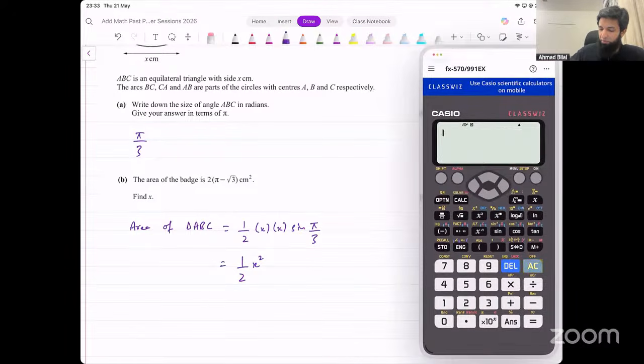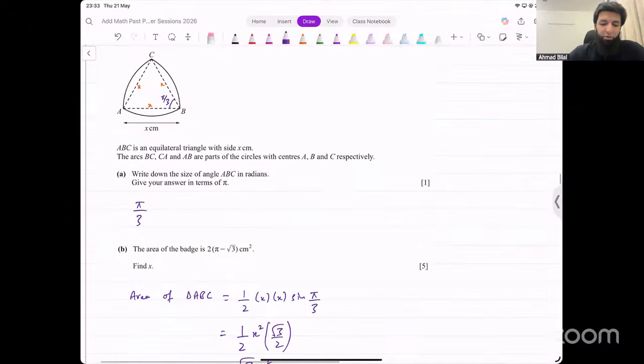Its value is root 3 over 2. Make sure your calculator is in radian mode for this. You can just put this on a calculator, although you should remember these values as well because they are important for paper 1. Okay, we get root 3 over 2. Okay, this is the area of the triangle ABC. Root 3 over 4 x squared.